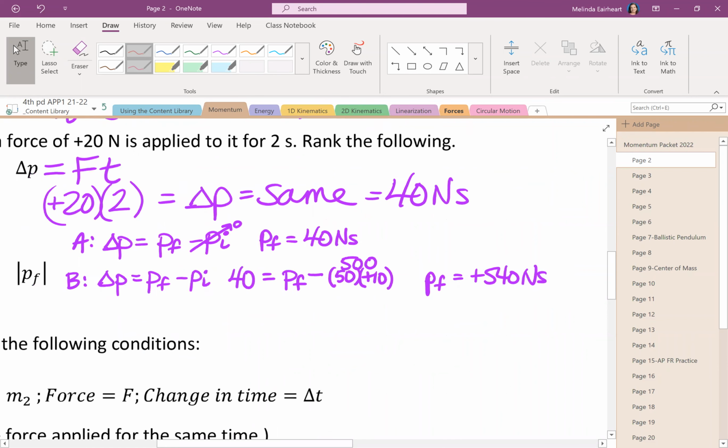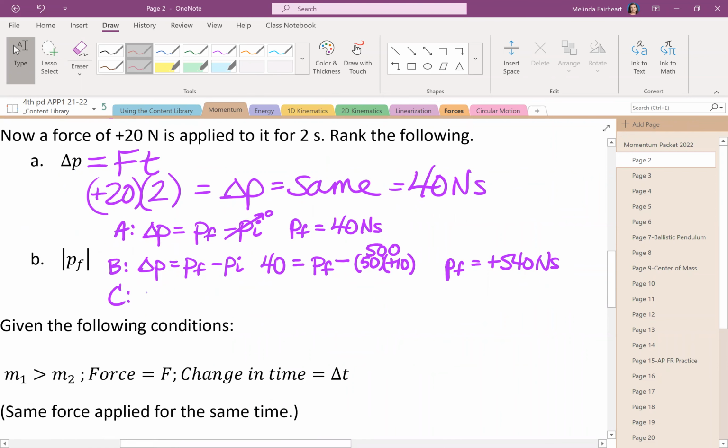And then the last one, what about object C? Change in momentum equals final minus initial. So 40, they all had the same change. We're solving for the final momentum. Minus, well, we have that same mv we need to do. And so 50 is the mass. This one was moving to the left, 10 meters per second.